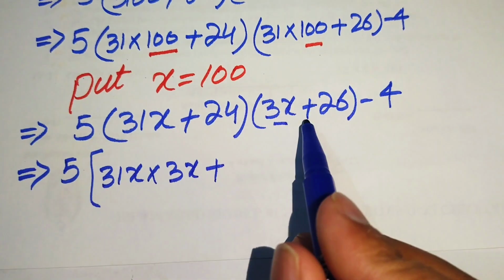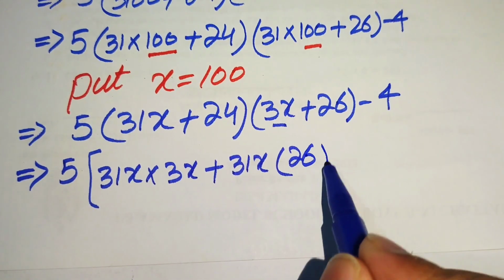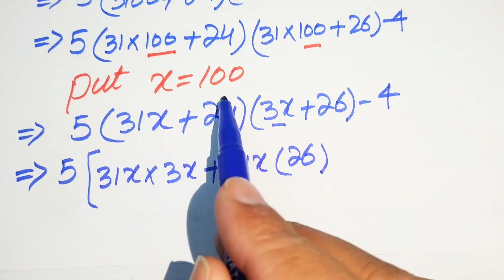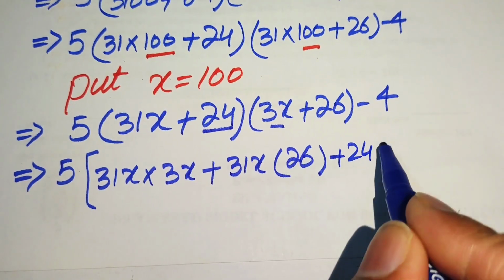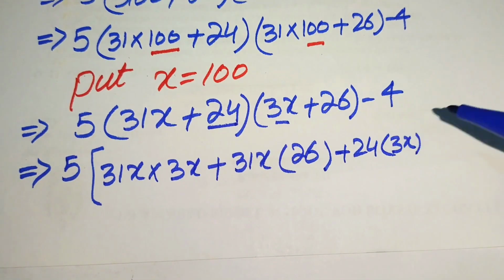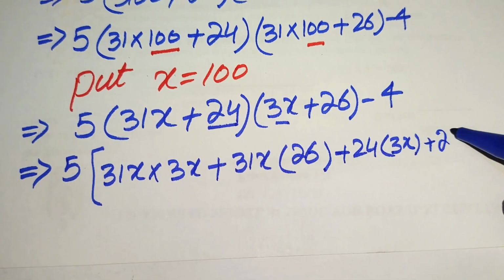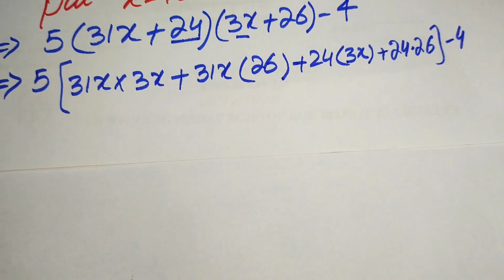Similarly, we multiply this term on this, and you get 31x into 26, plus we multiply this 24 on both of these terms, and it is written as 24 into 3x, and this is 24 into 26 and minus 4. Okay, so here we need some simplifications.